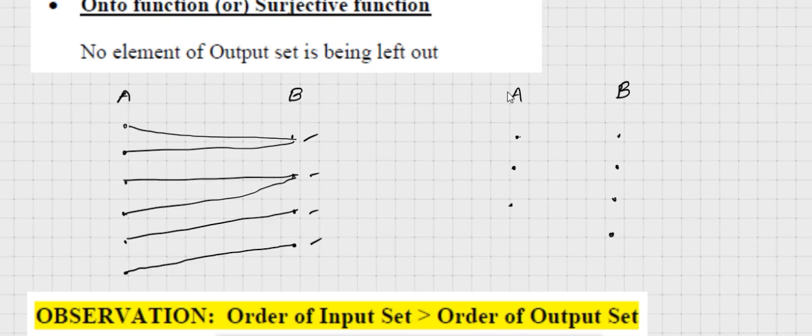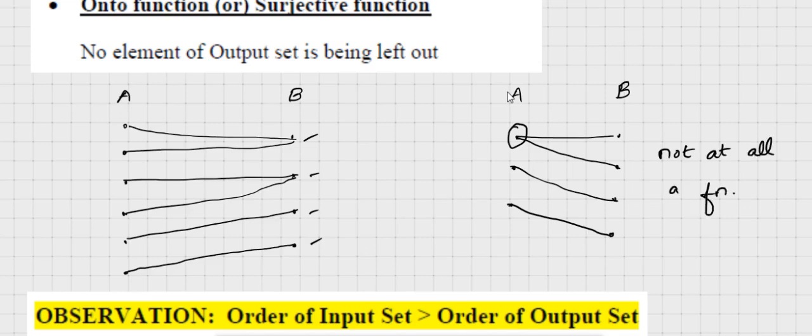See, if you are satisfying onto function, for example, if you are marking like this and you are saying no elements of B is left out, so this is onto function. If you are saying like this, what my reply is, it is basically not at all a function. Why? This element is having 2 outputs, so it is not at all a function.